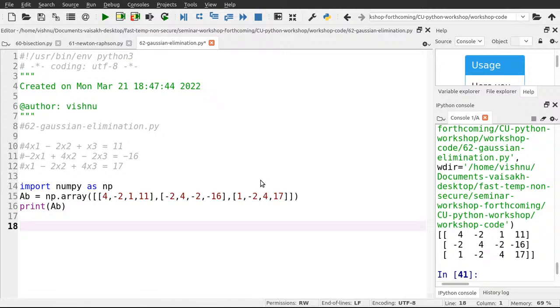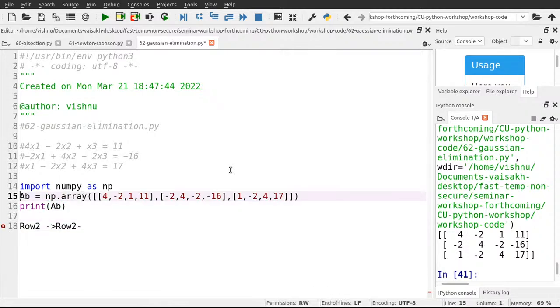And in the second row, we will try to make the coefficient of x1 equal to 0. For doing that, row 2 should become row 2 minus the first row, first element. The first row, first element is the coefficient.